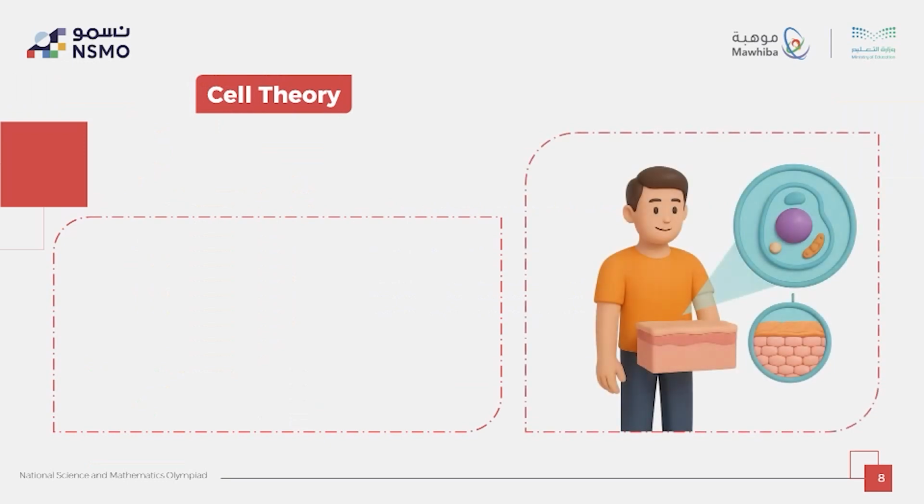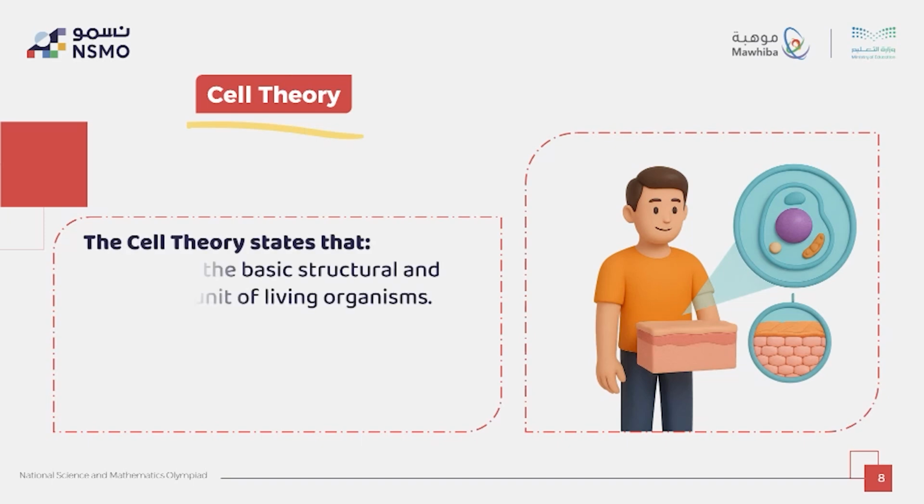Now we reach the most important idea in today's lecture, cell theory. The cell theory states three key principles. The first one: the cell is the basic structural and functional unit of living organisms. We must have cells, and this is the main thing for function and structure.